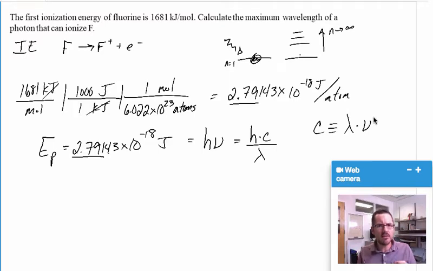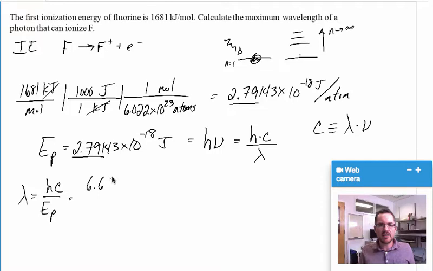If you ever see something that has 3 bars for equals, that is a definition. Okay, so speed of light is defined as the wavelength of light times the frequency of light. So I have all of this information, I have constants, I can plug everything in to get my wavelength, which is just hc over the energy of my photon.